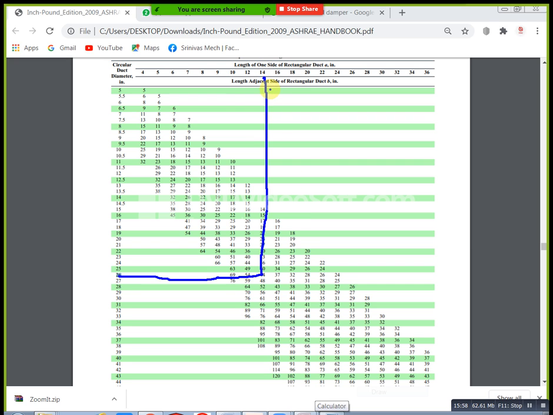Compared with the previous scenario, we have some difference, but I will show the software condition also. We have our software, I will show it in the software also.